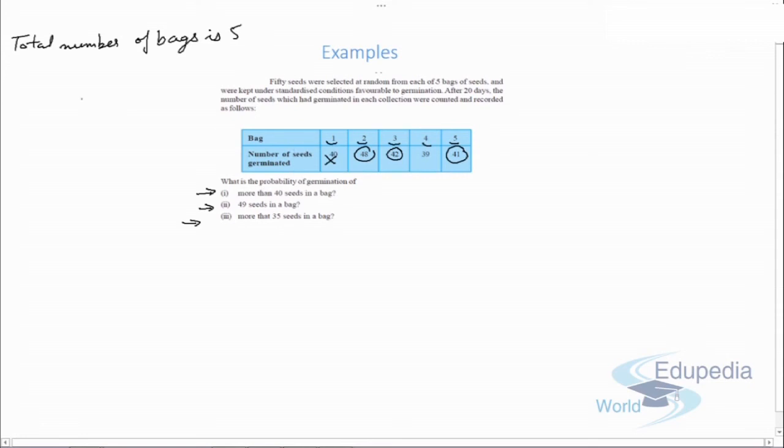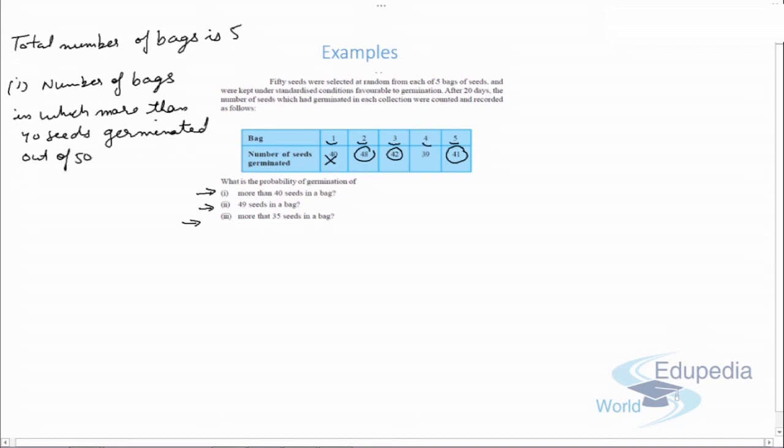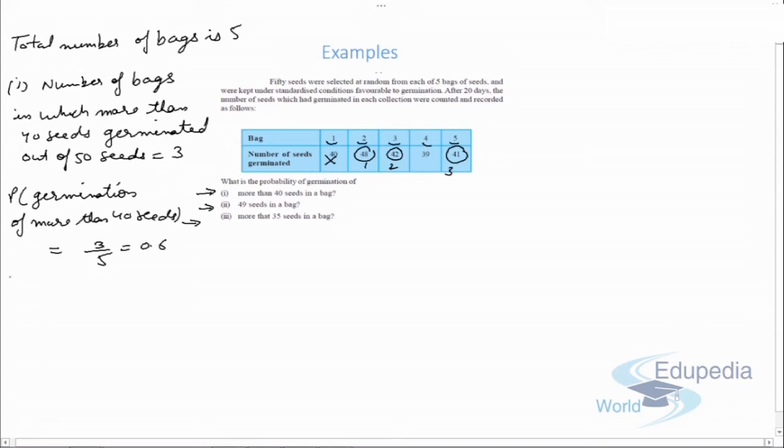So the number of bags in which more than 40 seeds germinated out of 50 seeds is 3. We have 3 bags: 1, 2 and 3. So the probability of germination of more than 40 seeds in a bag will be 3 upon 5, which is 0.6. This is how we can solve the first part.